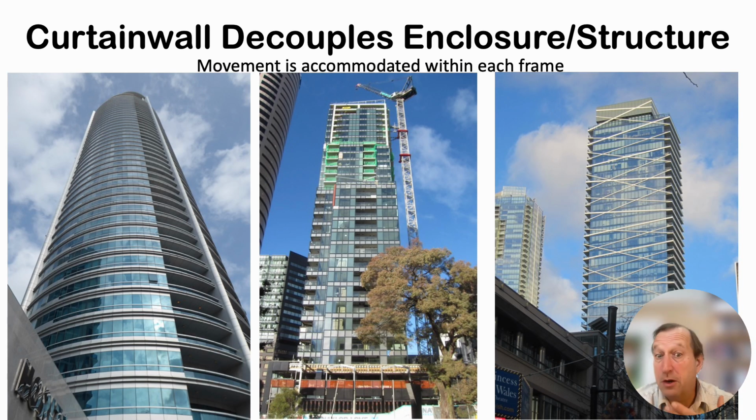Now, there's still a need to allow movement between the superstructure and the curtain wall. In fact, this was the industry that really identified how important that was and how to manage it. Mostly you can't see the movement joints to the untrained eye because the movement is accommodated inside the aluminum tubes.